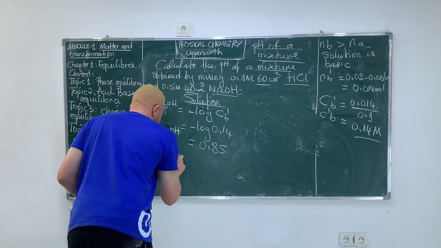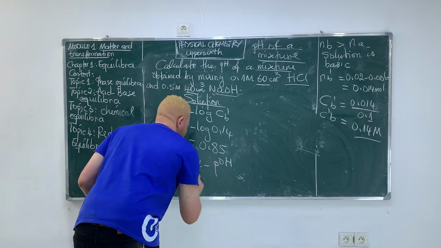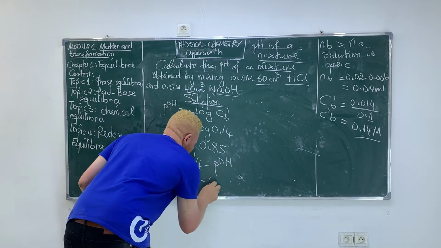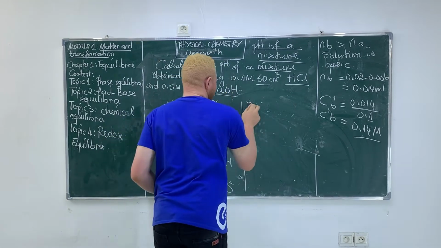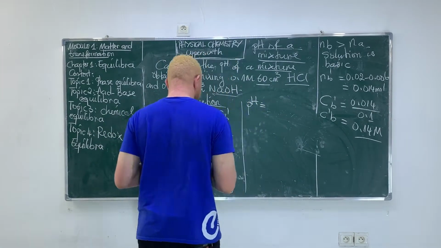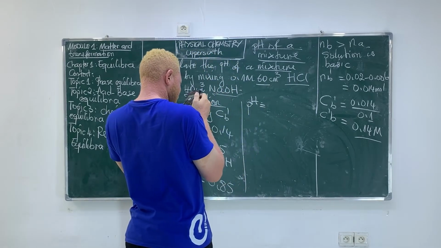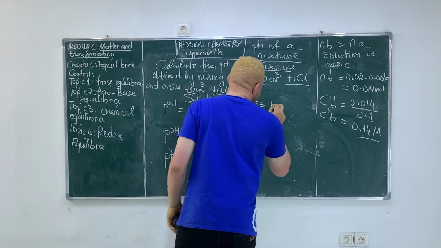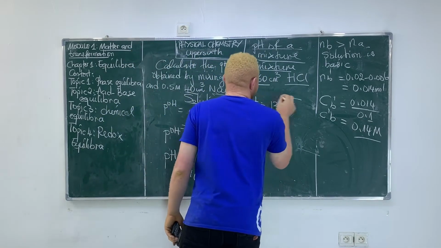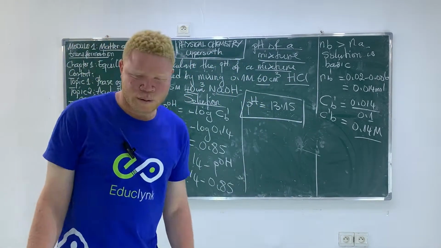The pH is 14 minus pOH, so 14 minus 0.85, which gives 13.15. So that's how to calculate the pH of a mixture.